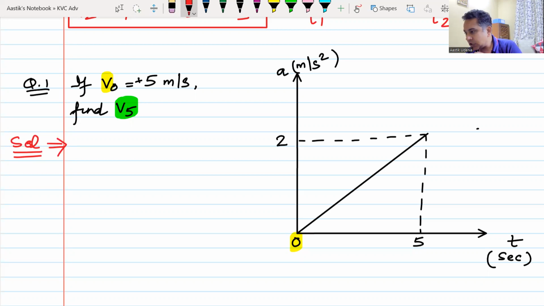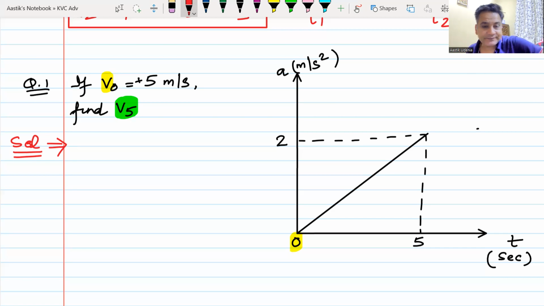2a. What is a? Acceleration. The value of acceleration is given. Why is the answer 2a, my dear friend, Kaushik? I don't understand what you mean by 2a. Interesting answer, 2a.